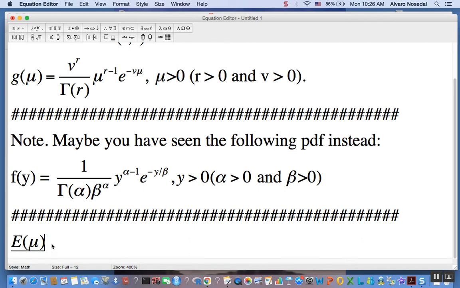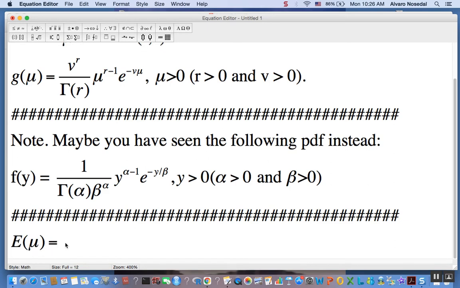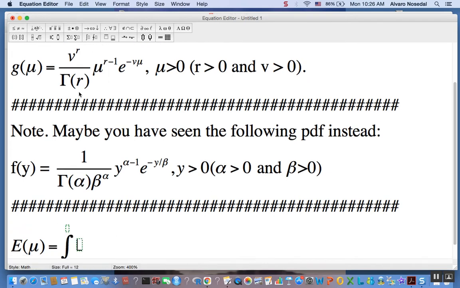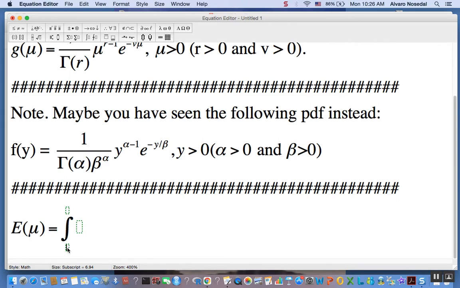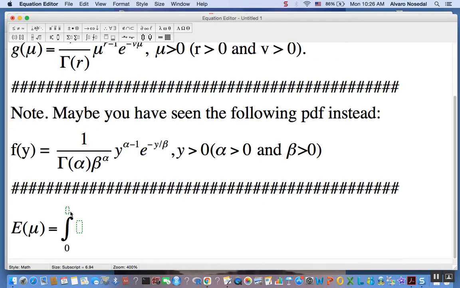So if mu has a gamma distribution, we know that the expected value of mu would be the integral from 0 to infinity. The other part would be from negative infinity to infinity, but we know that it would be 0 for negative mu's, so we end up with only this.